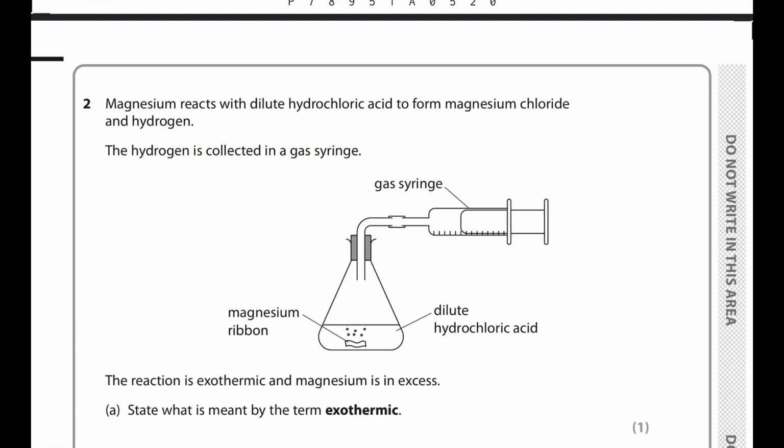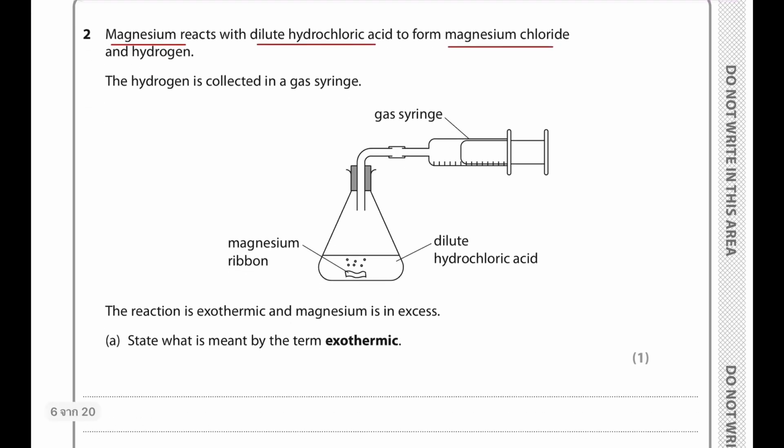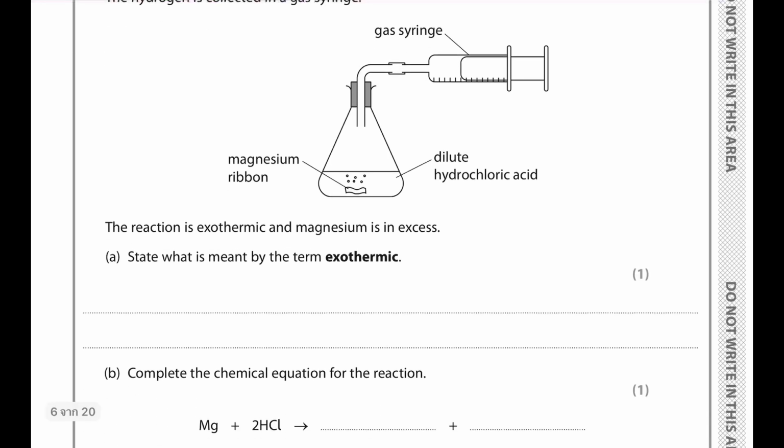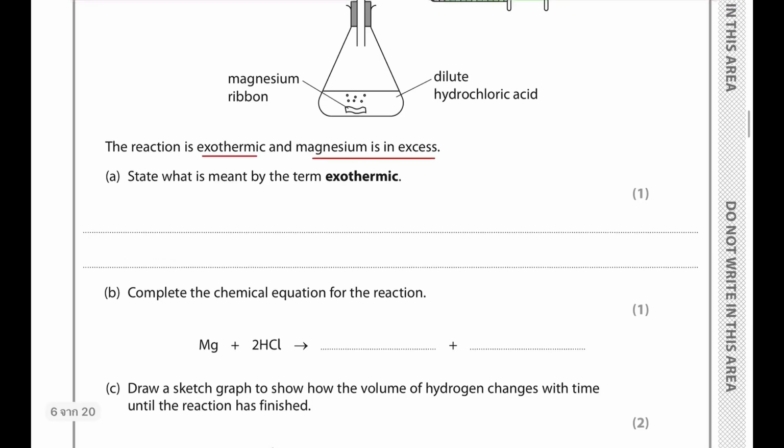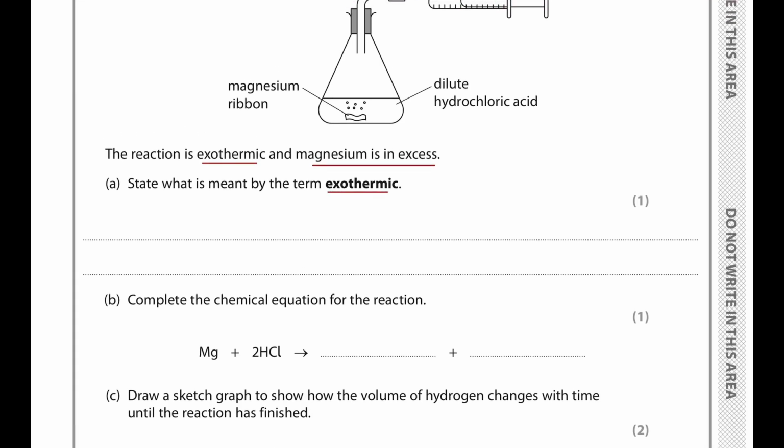Question 2. Magnesium reacts with dilute hydrochloric acid to form magnesium chloride and hydrogen. The hydrogen is collected in a gas cylinder. The reaction is exothermic and magnesium is in excess. So question A states what is meant by the term exothermic.